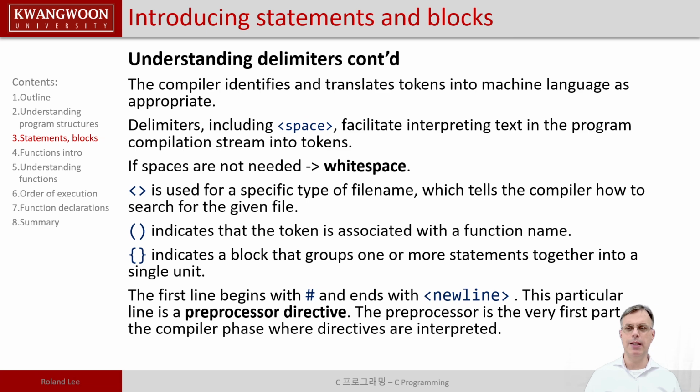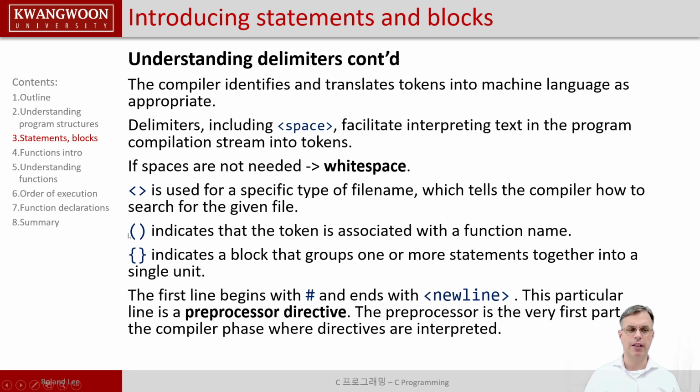You can see the paired symmetric delimiters from the list of types of delimiters. One always begins a particular sequence and the other always ends it. So you see here, this one is used for the specific type of file name, which tells the compiler how to search for the given file.